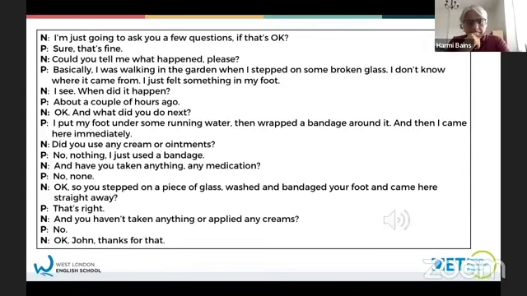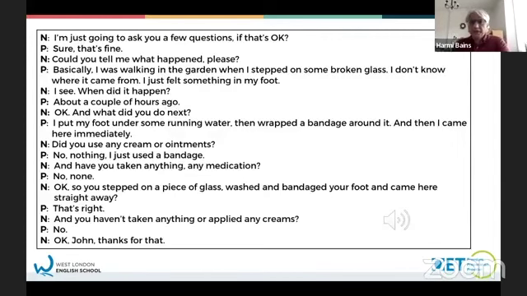Did you use any cream or ointments? No, nothing. I just used a bandage. And have you taken anything? Any medication? No, none. Okay. So you stepped on a piece of glass, washed and bandaged your foot, and came here straight away. That's right. And you haven't taken anything or applied any creams? No. Okay, John, thanks for that.